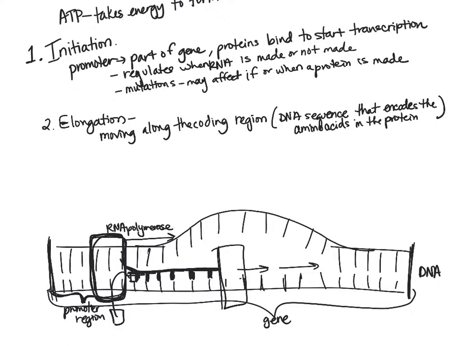Once it gets to the end of the gene, we're in step 3, and step 3 is termination. We know it's the end of the gene because we have what's called a termination sequence.